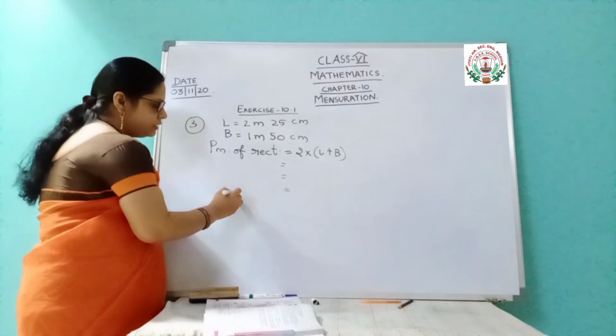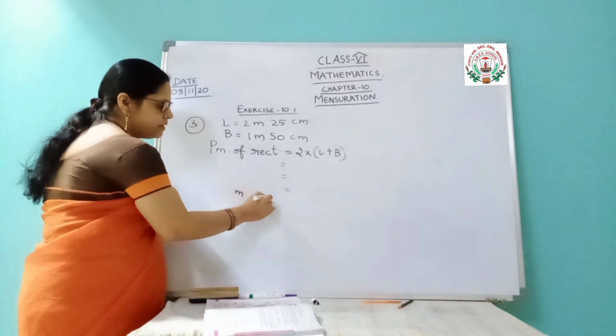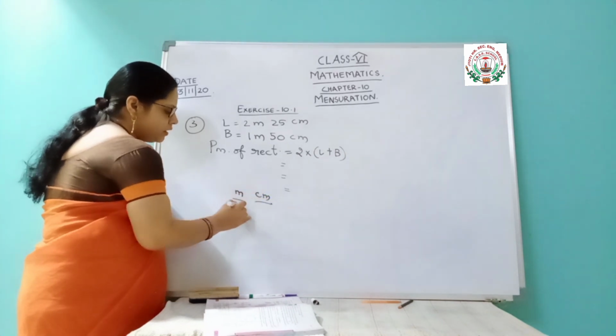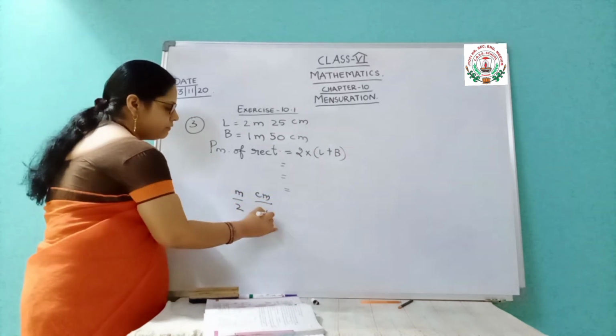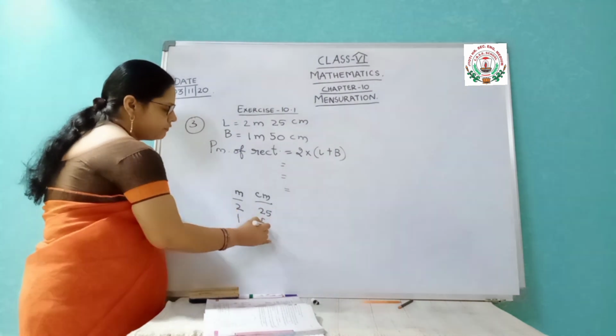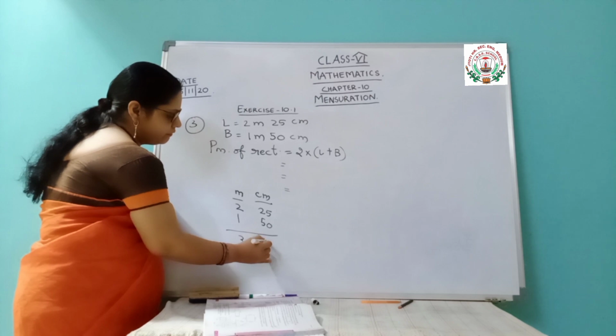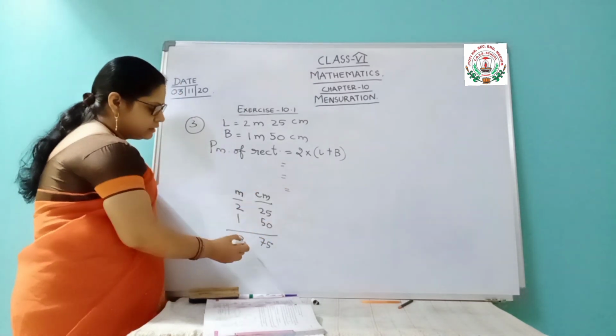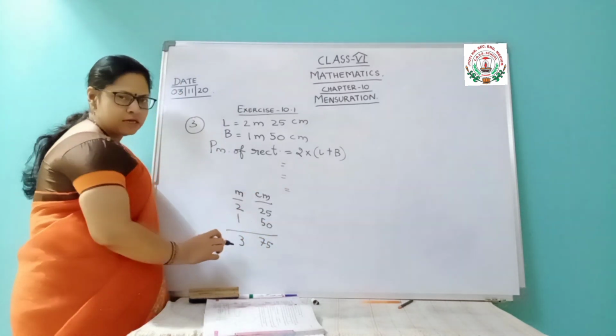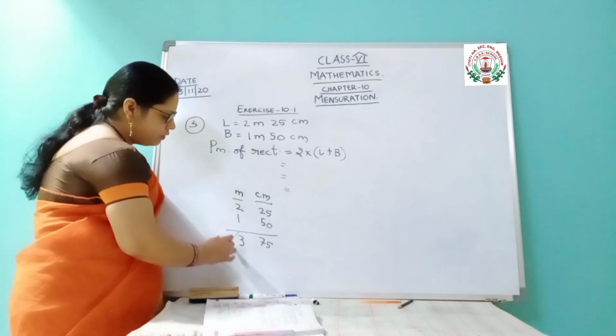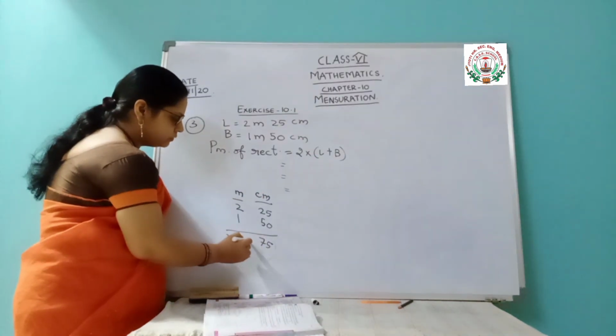So how are we doing this addition? Meter and centimeter you write at the top. Here you will write down 2, here 25, here 1 and here 50, and then add. It is 3 and it is 75. So here you will get the answer 3 meter 75 centimeter, and that you have to multiply by 2.